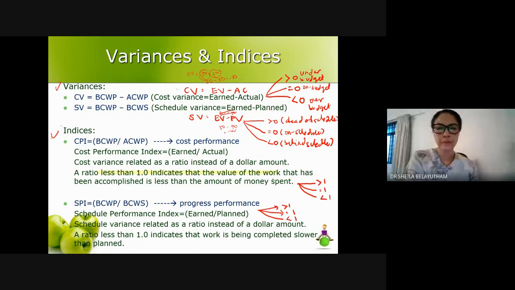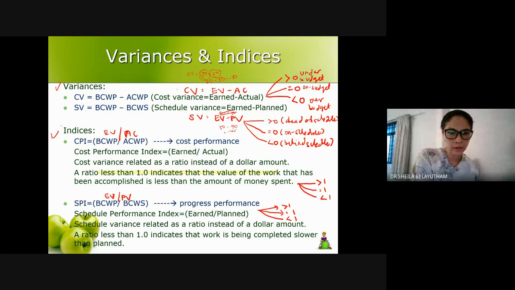So for example, your cost performance index will be your earned value divided by your actual cost. So cost performance index equals earned value divided by actual cost. Schedule performance index will be your earned value divided by your planned value.